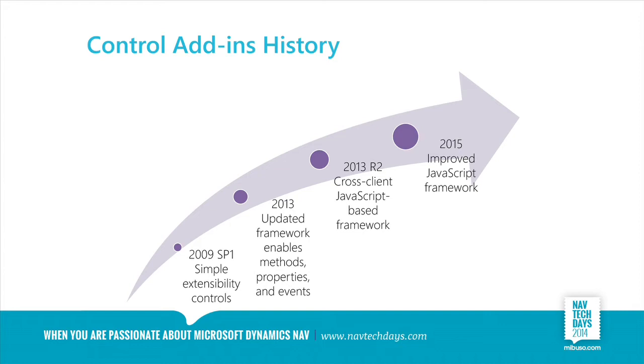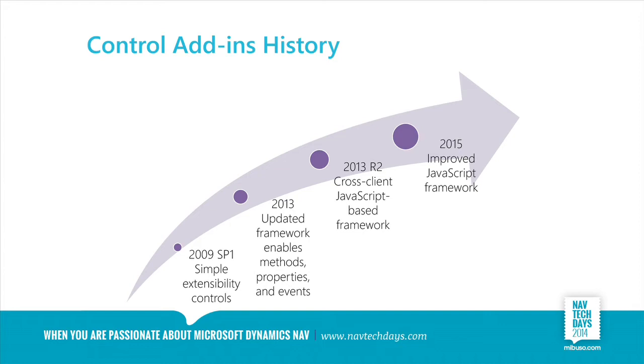But the biggest problem was that in 2013, we had the Windows client and the web client. And obviously, if you write a Windows Forms control add-in, it cannot work in the web client. There is just no way to make it work. So in 2013 R2, what Microsoft delivered is a new framework, which is essentially an extension of the existing one, which allows you to write JavaScript code.